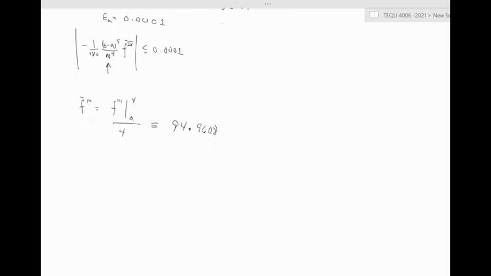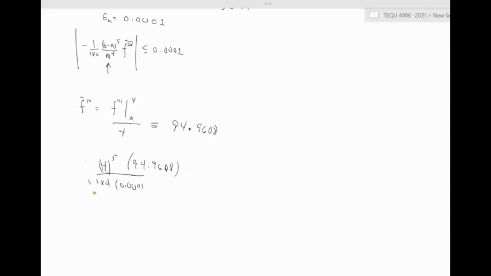So that will be 1 over 180 divided by 0.0001, and b minus a, that would be 4 minus 0, that's 4 to the 5th power, multiplied by 94.9608, the average value for the fourth derivative.